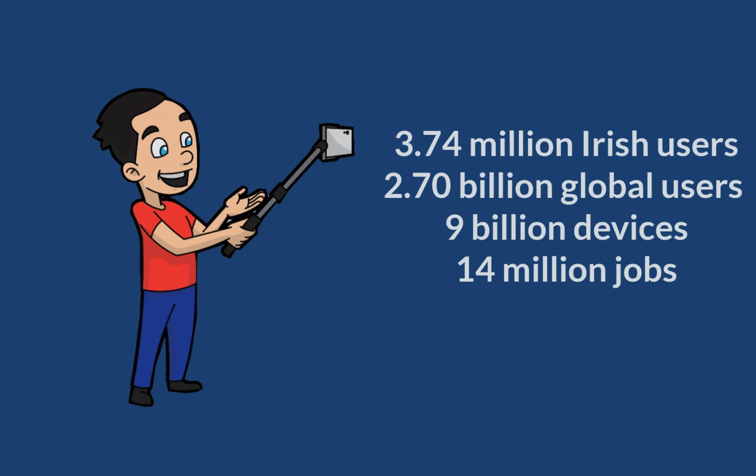With 3.74 million users in Ireland in 2019, approximately 2.7 billion smartphone users in the world, and over 9 billion mobile devices, 14 million jobs are directly related to the mobile industry, many of them at the high end of the salary scales.